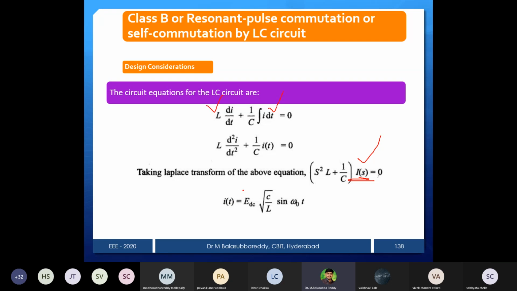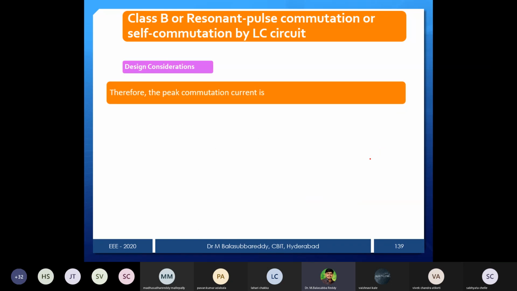So you can write I of t equal to V DC into root of C by L into sin omega naught t. This is the current path in the circuit. Omega naught is equal to root of 1 by LC. And now here there is a peak commutating current, that is ICP.